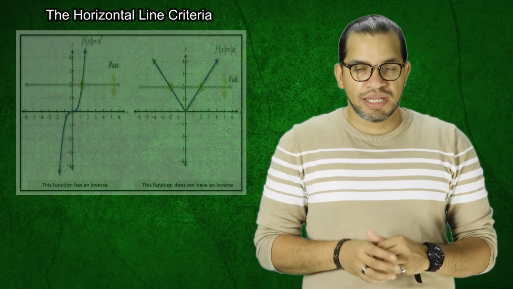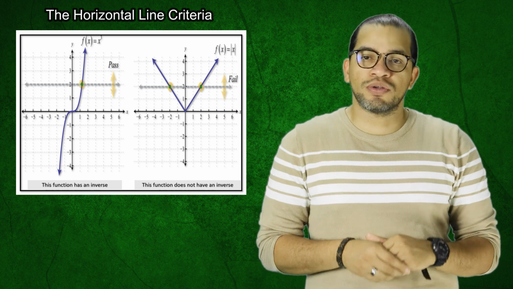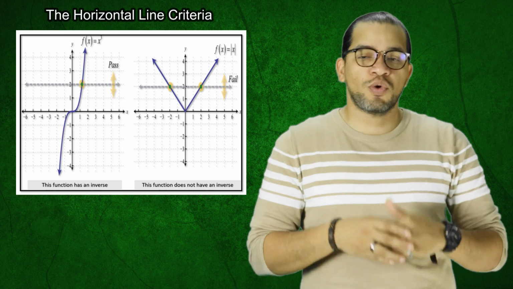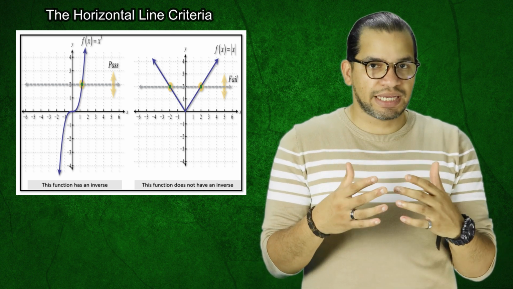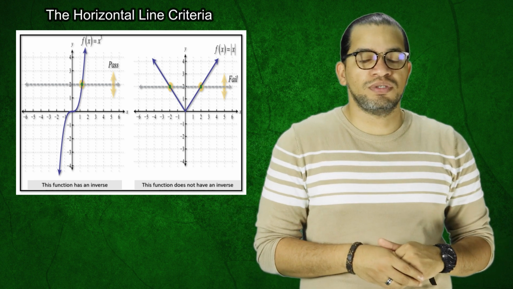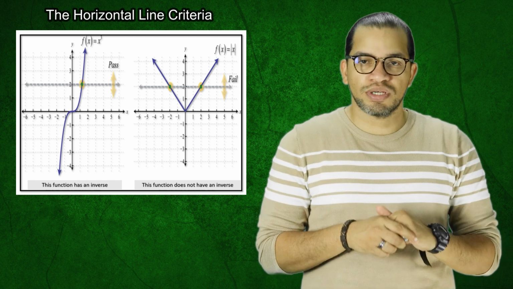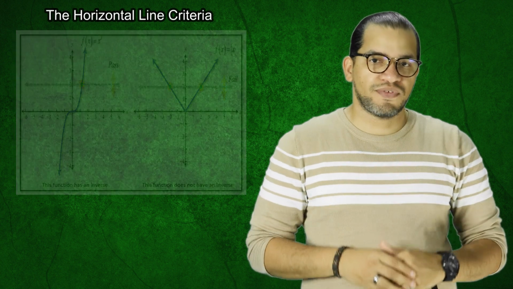Now, given a graph, how do we determine if it has an inverse? Well, for this case, we use the horizontal line criteria. This criteria is based on drawing a horizontal line, and if this horizontal line intersects the graph of the function more than once, then such a function does not have an inverse.